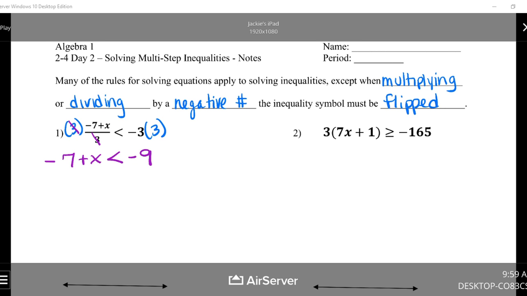Now to the x variable, we're adding -7. So to undo that, we're going to add +7 to both sides. And -9 plus 7 is -2.